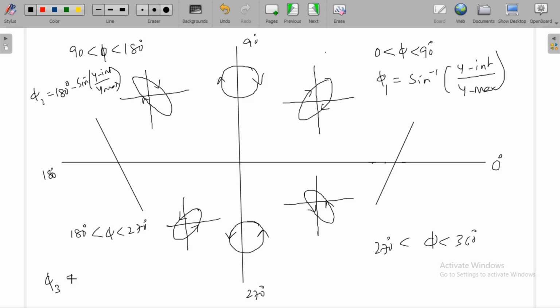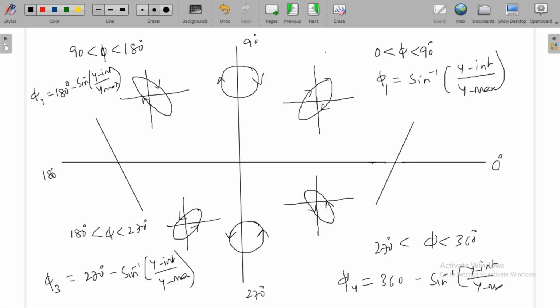Let this be phi 3, phi 3 is equal to 270 degrees minus sine inverse of y intercept by y max. Here phi 4 is equal to 360 degrees minus sine inverse of y intercept by y max. You can find the phase angle. If you have an image like this, you can find the phase angle between two sinusoidal signals.